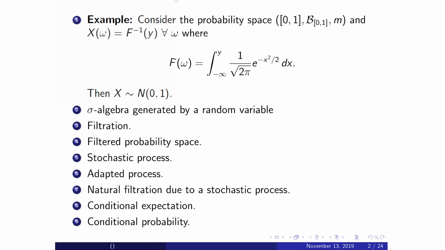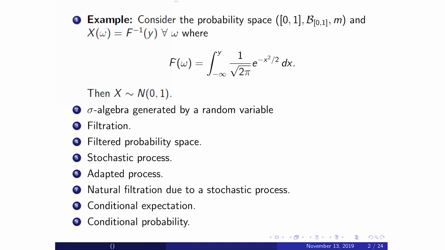Then also we can prove that X follows a normal distribution. How do we prove that? We just calculate the probability of capital X less than or equal to y.